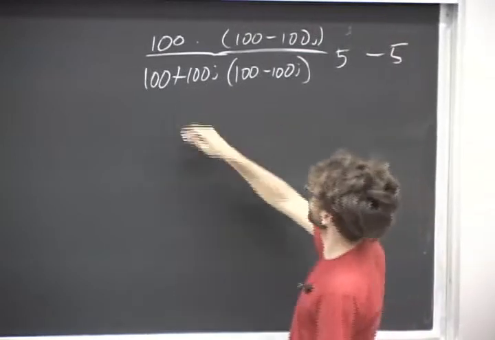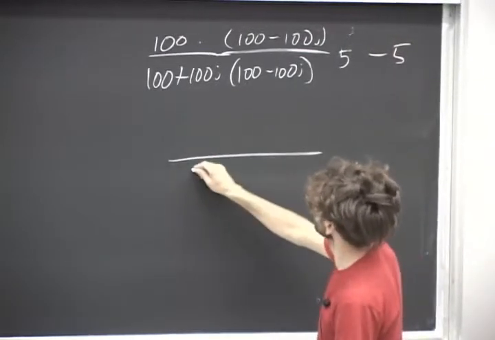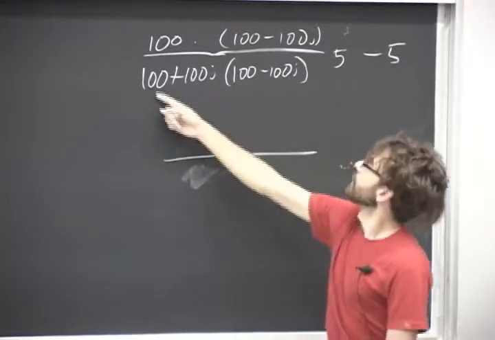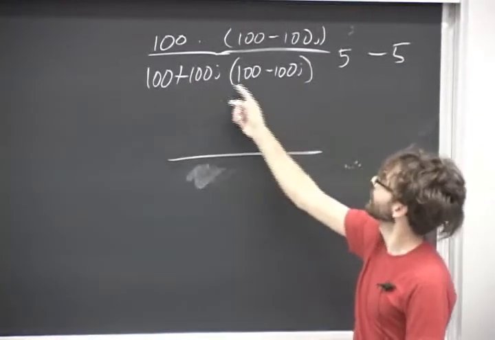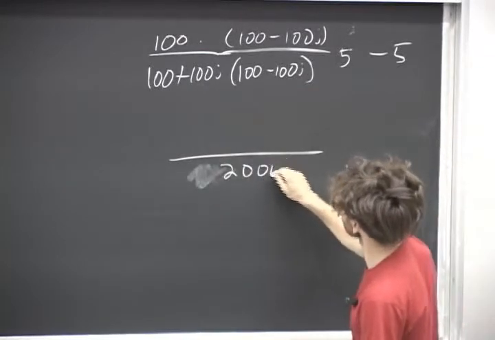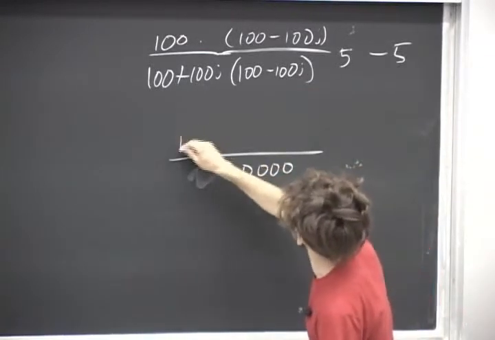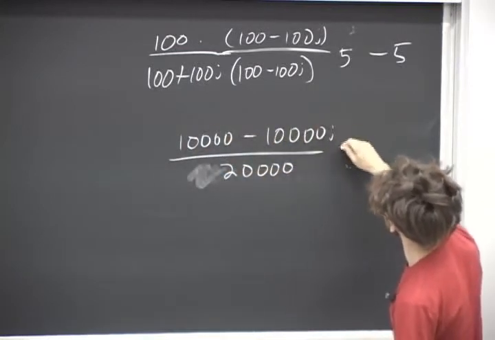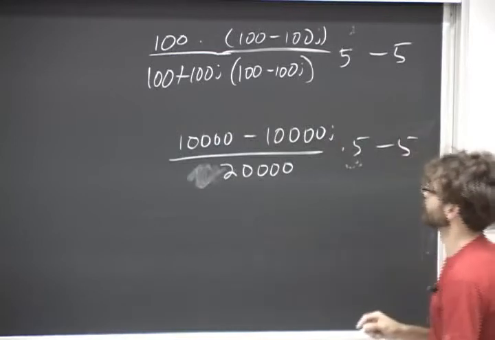In this case, the bottom is just going to end up being what? The cross terms should cancel. You'll get 10,000 plus 10,000, so you get 20,000 over 10,000 minus 10,000j times 5 minus 5.